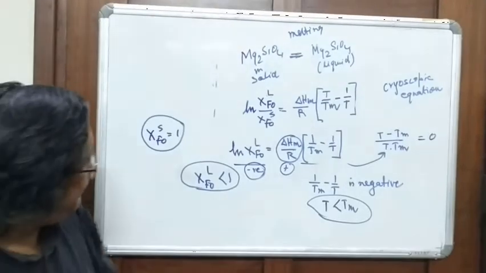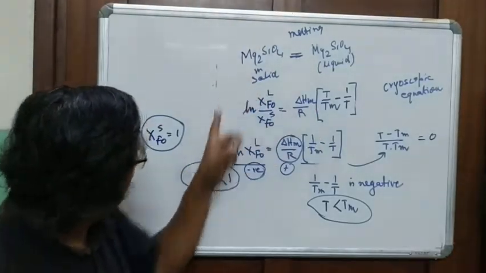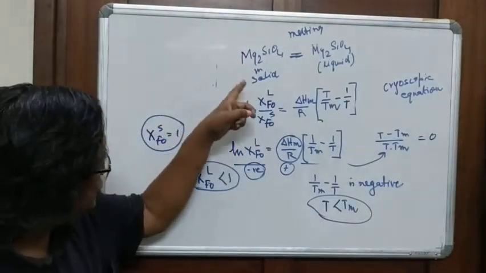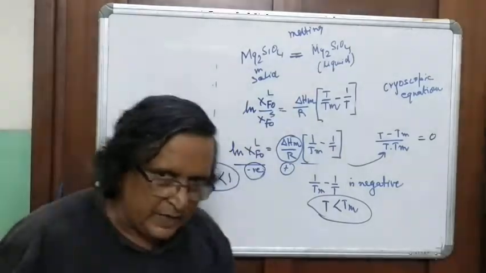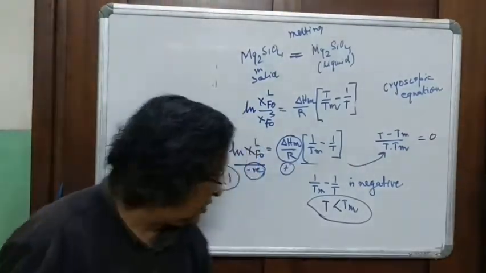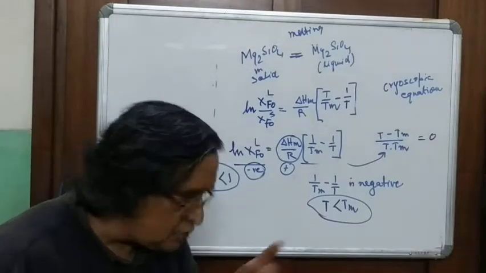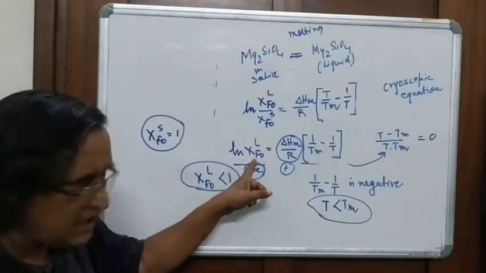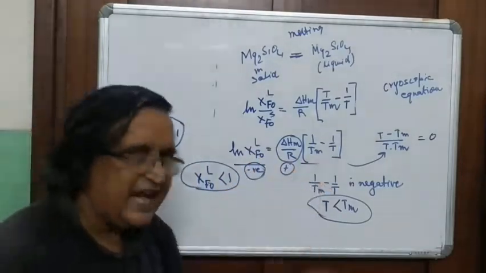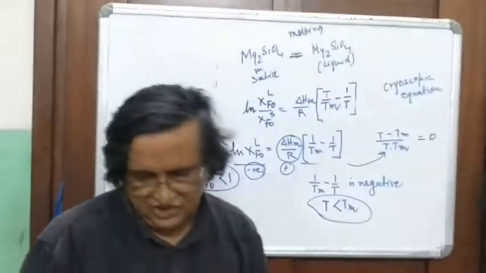That if you have this type of a situation where you have a pure phosphorite melting into an impure liquid by some reason, then the amount of the impurity in the liquid would cause a depression of the melting point.